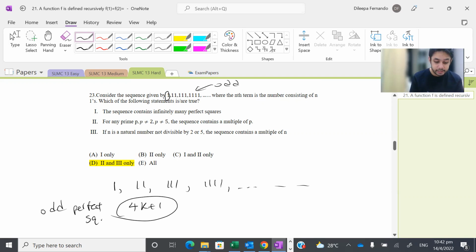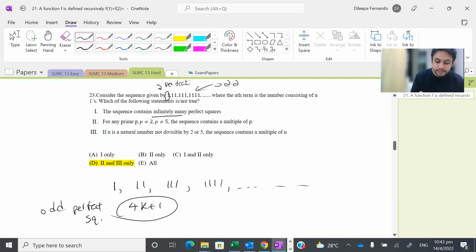But what do you say? The statement says that it contains infinitely many perfect squares. Infinitely many. So if we find the last perfect square in the sequence, we can say that after that we don't have any perfect squares. Now let's see. We know that 1 is a perfect square.